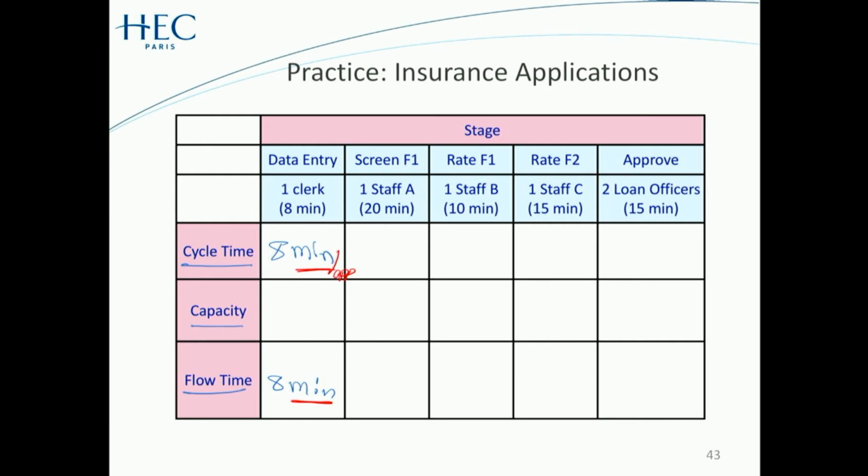Finally, when it comes to the capacity, we know that every 8 minutes, one application can come out of this process. So what about the capacity of the process in 1 hour?